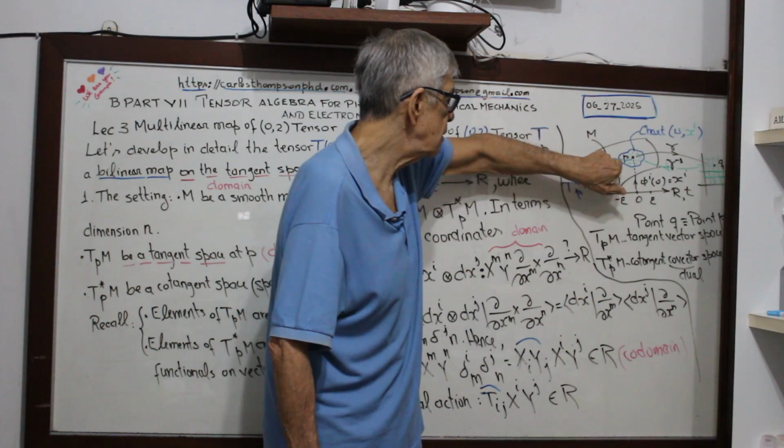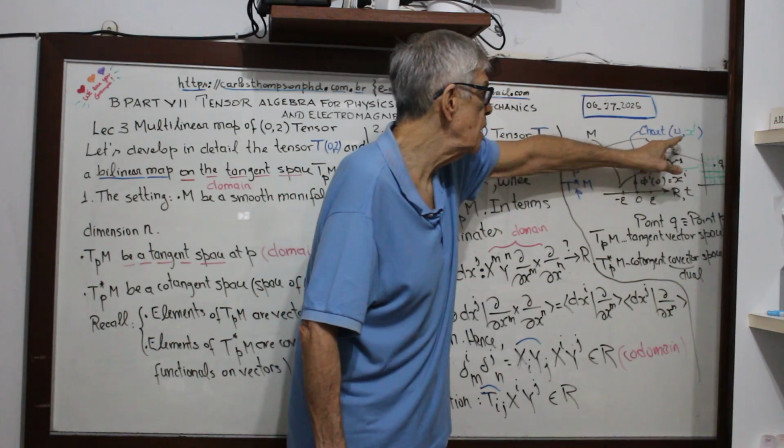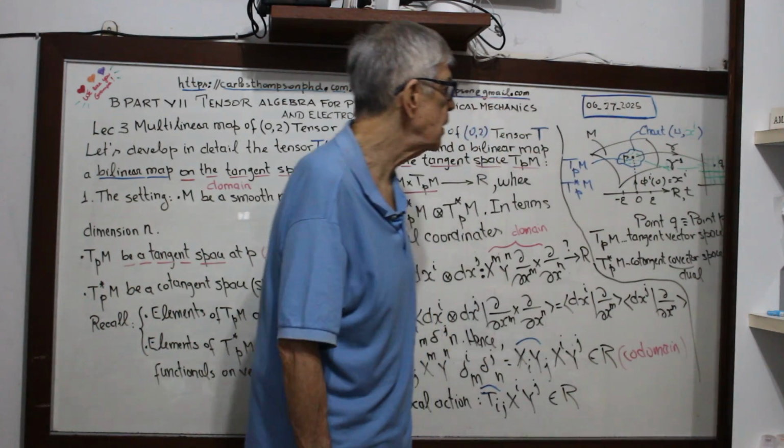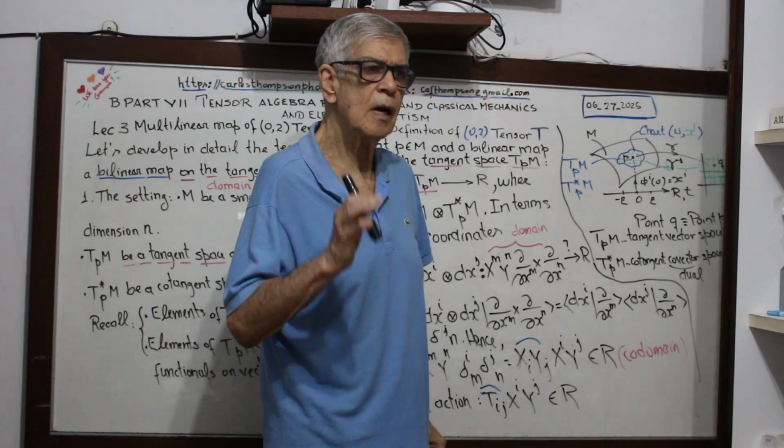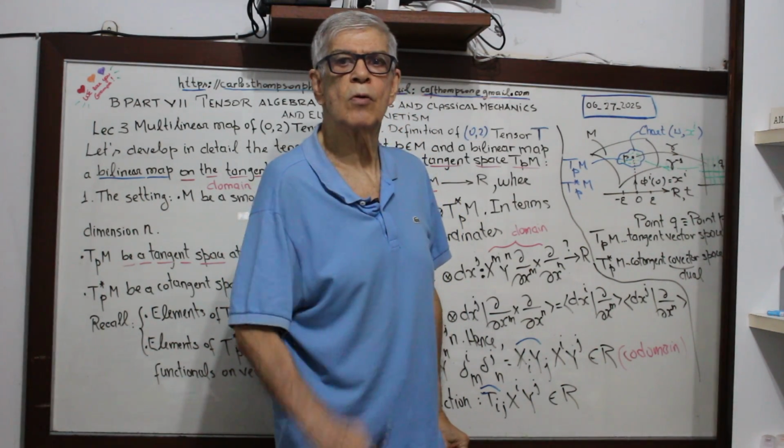And this region here with a chart, U, xi. Xi, again, I insist, is a label, okay?